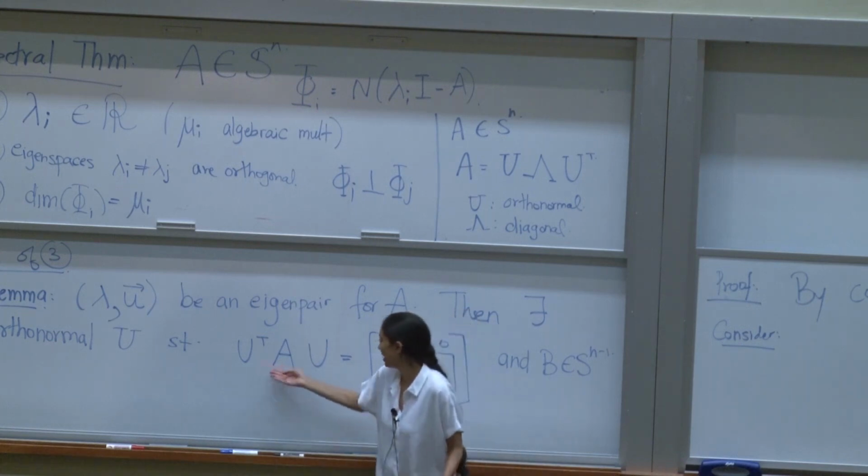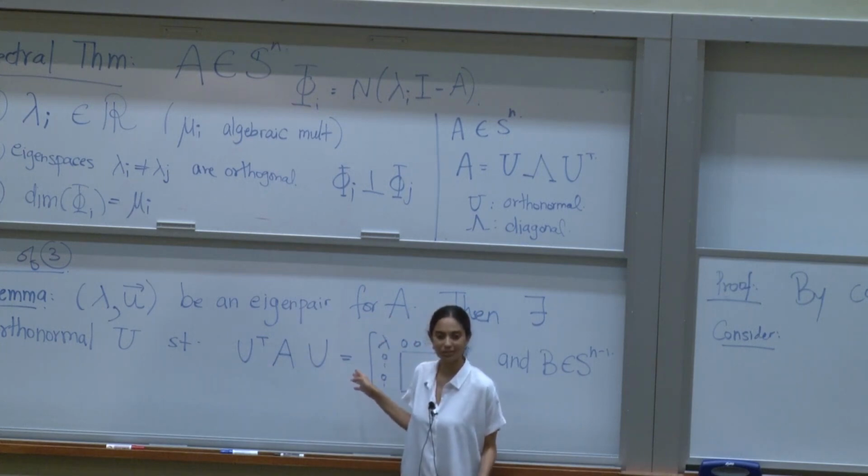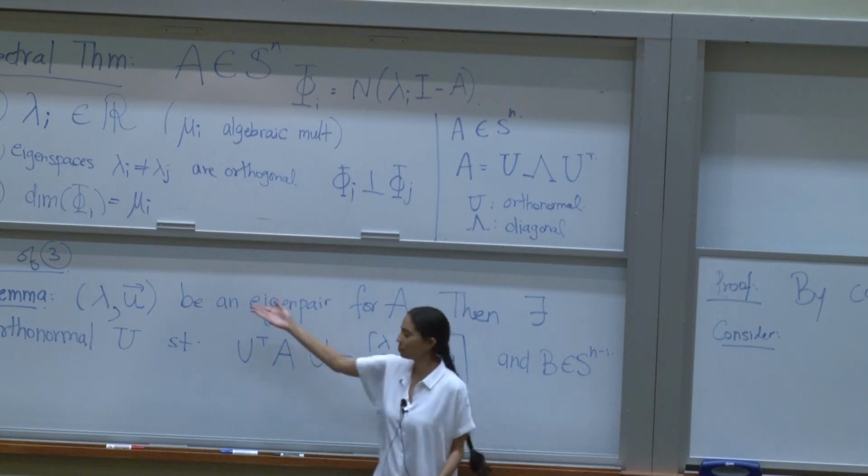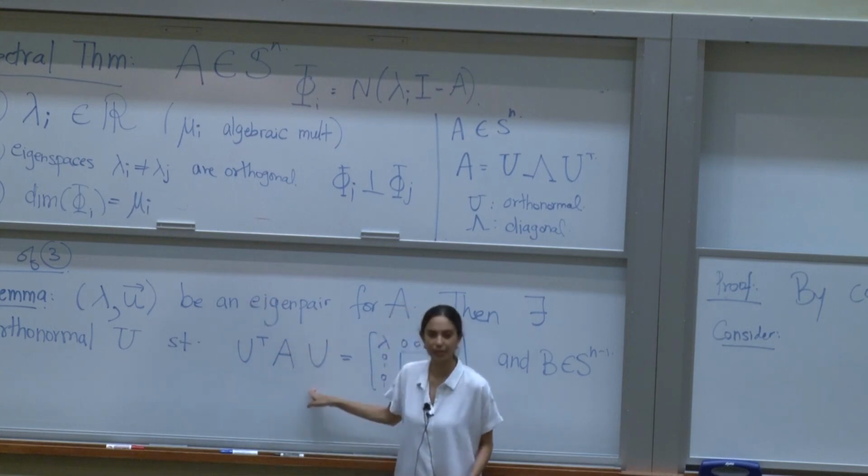I want it so that A multiplies this U and I get a lambda and a bunch of zeros. What do I want to have? I want to start with what I'm given. If I take A times u and then some other stuff, I'm going to get a lambda out.